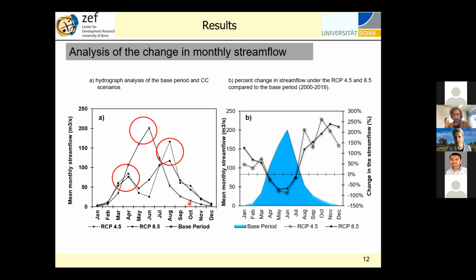And if it does or doesn't, how will climate change affect the contribution of glaciers, whether it will shift the peak backward or forward in months? I just want to get your ideas.